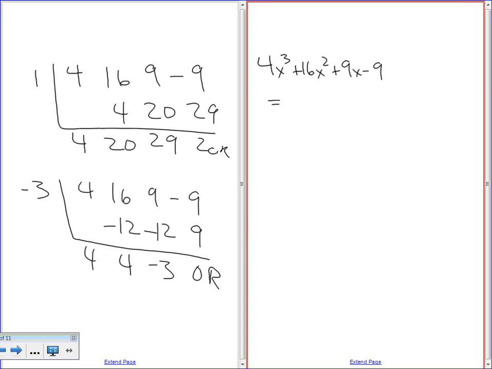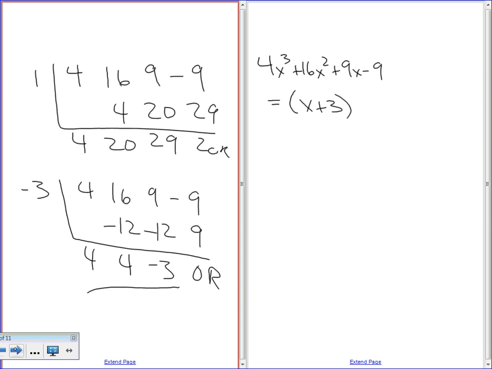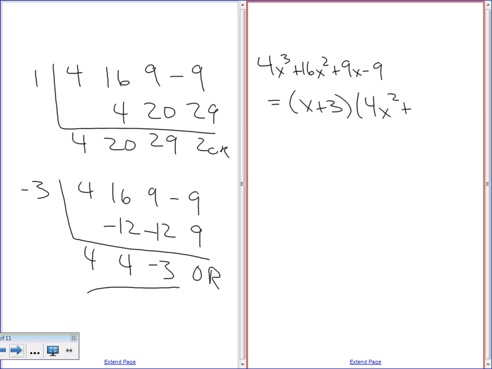When I used -3 as my a value, what binomial was I dividing by? Yeah, x plus 3. And when I divided by x plus 3, I was left with this quotient, which represents 4x squared plus 4x minus 3. So writing the division statement is really what I'm doing: I'm factoring. I've taken this polynomial and written it as a product of a linear factor times a quadratic factor.